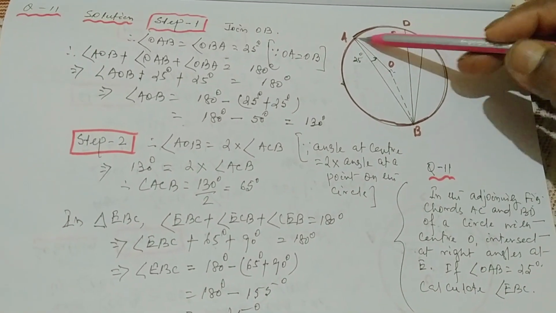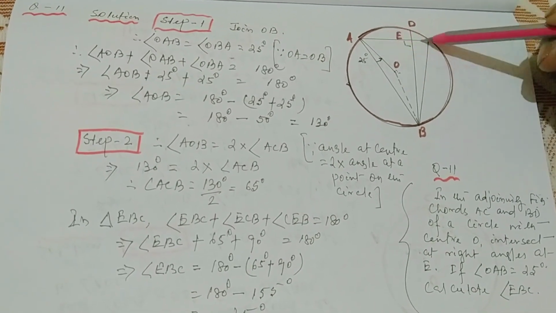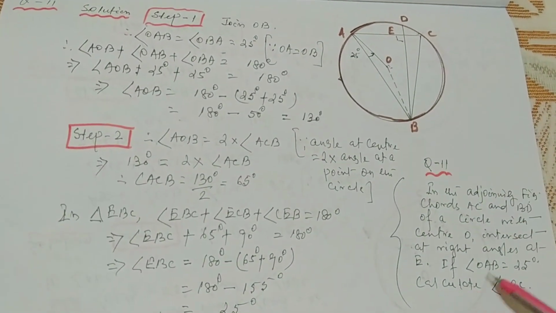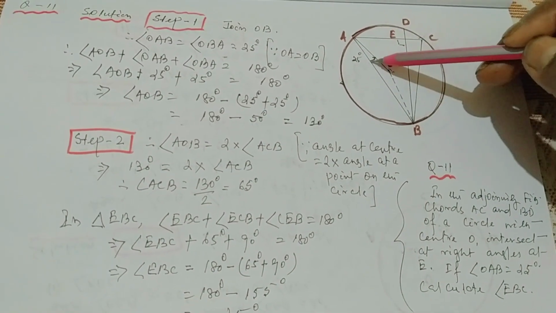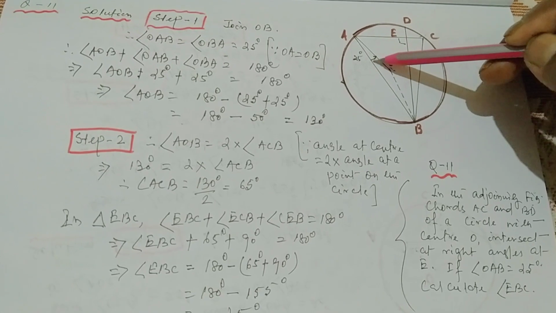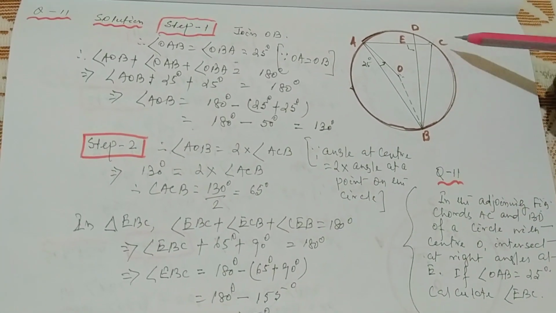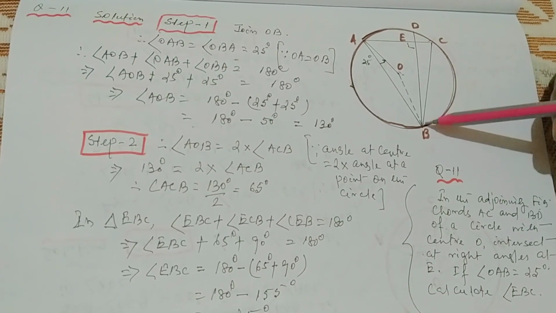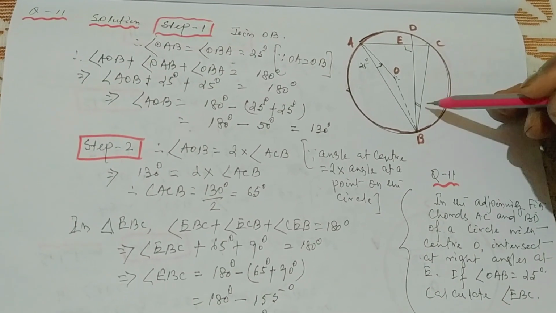You just see these two chords perpendicular on each other. It is given in your question. If angle OAB, this angle equal to 25 degree, it is given in your question. Calculate angle EBC. EBC, this angle we have to calculate.